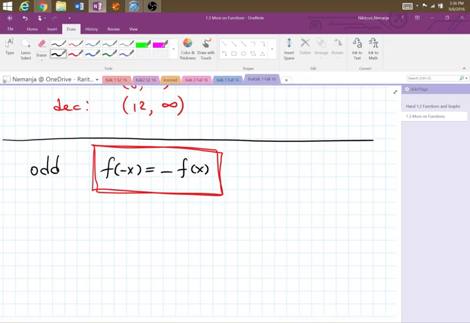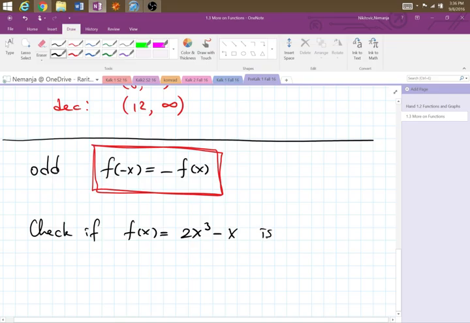So let's say, check if f of x equals, I don't know, 2x cubed minus x is odd. So check if this is an odd function.